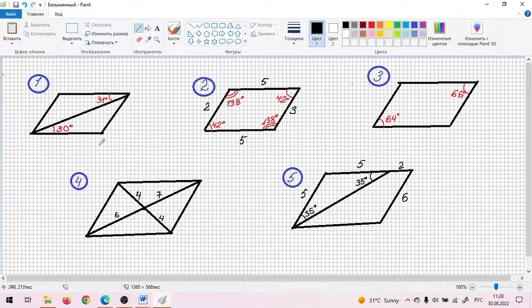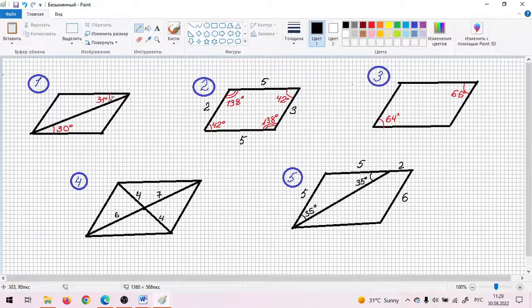Here you can see a parallelogram and a diagonal from one point to another. Two opposite angles it connects.